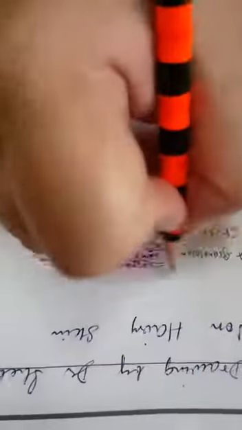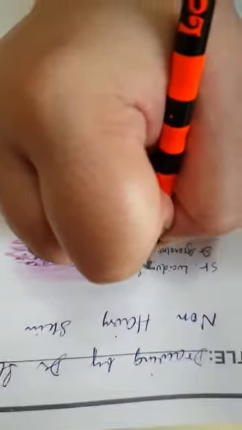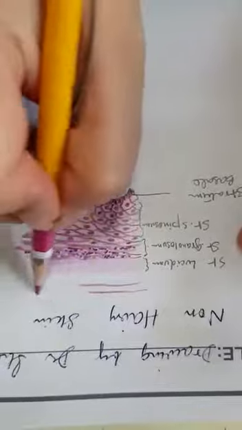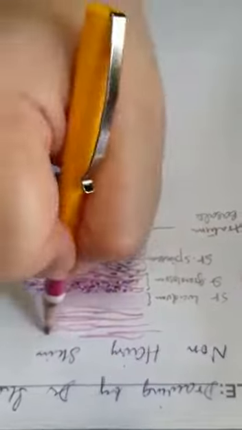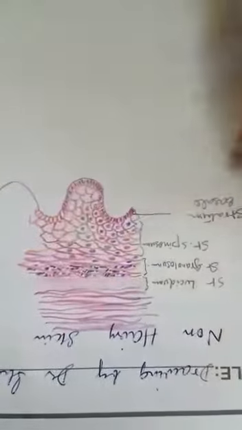We call this layer stratum lucidum, and above stratum lucidum the flat cells have these filaments in them, and you will draw a thick layer of stratum corneum here.